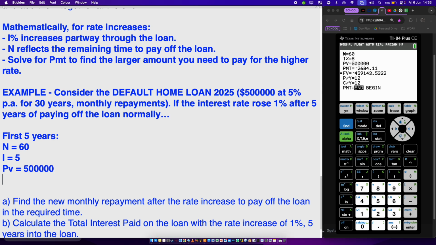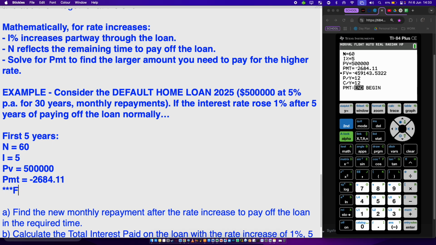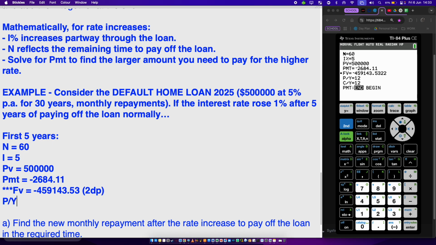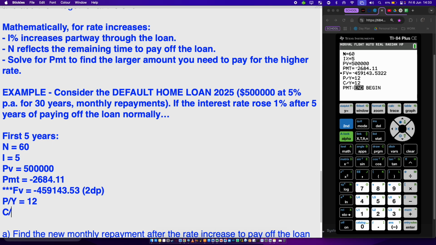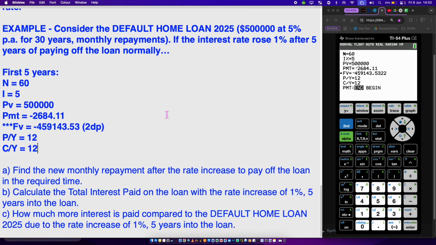That didn't change. My payments were negative $2,684.11. But now, what we're trying to do is work out how much do I still have to pay the bank if I've only paid them for 5 years. PY equals 12, CY equals 12. Why is that important? Because that allows me to do this.